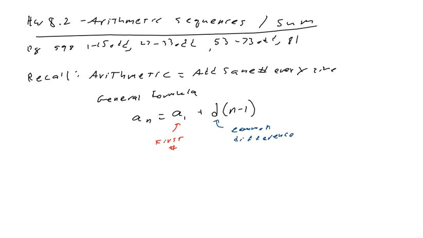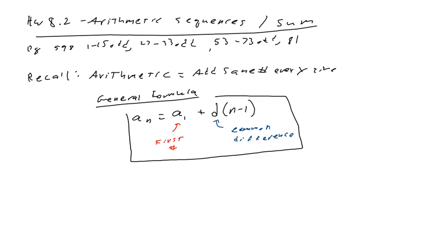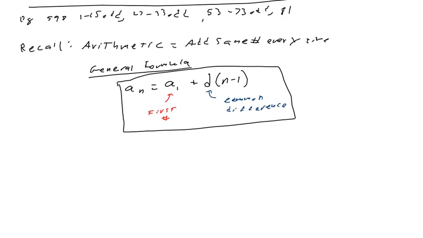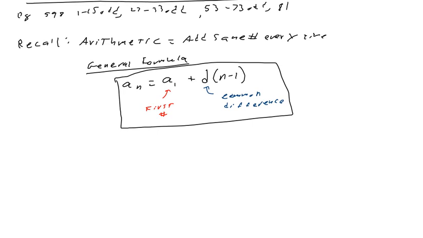That's what d is, the number you're adding every time. And a1 is your starting place. So you're saying, well, I'm starting here and I'm adding a certain number n minus 1 times. And that's how we write our sequence. This is our general formula, one of the four equations we're going to need to know how to do.